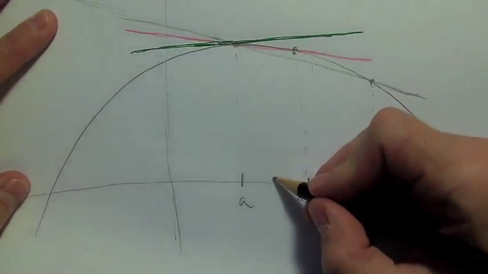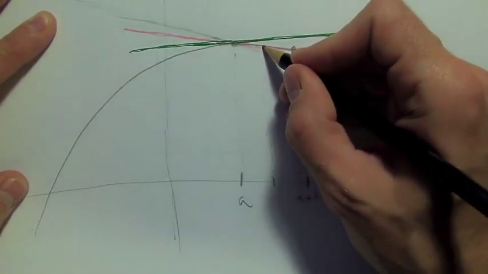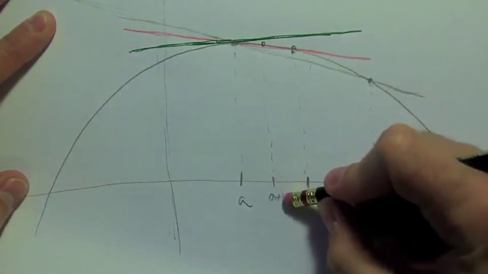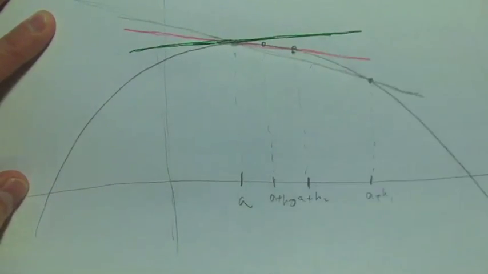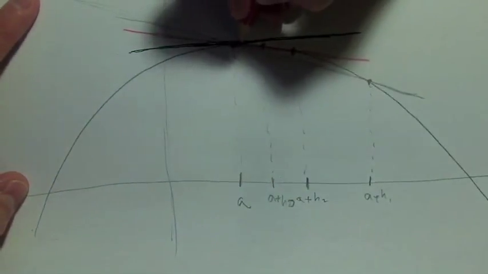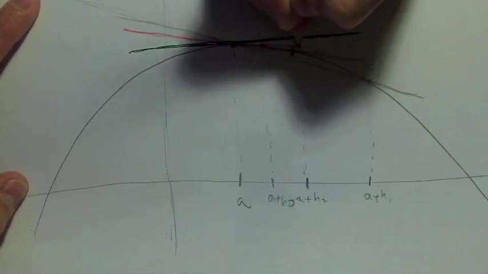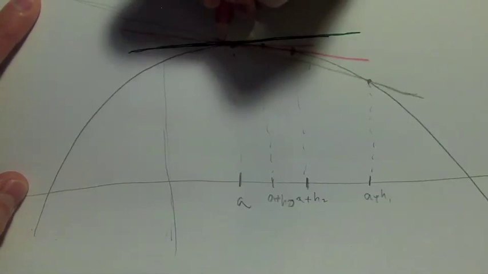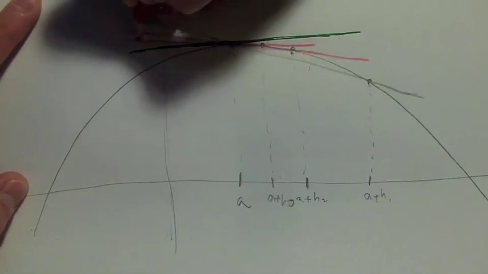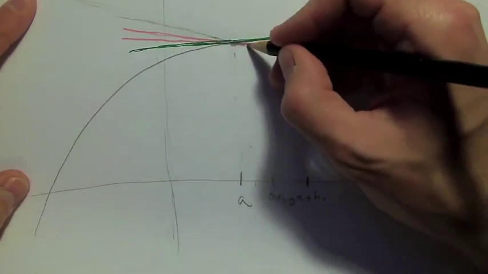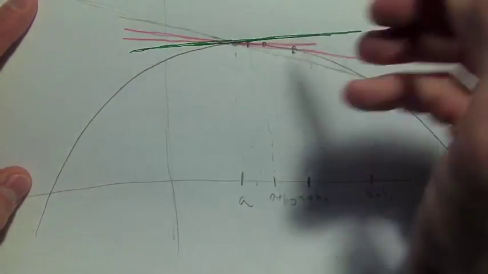Okay, and then let's cut the interval in half again to give me an a plus h3. Maybe I can do this line in red as well. Just going to clutter up my red a bit, but okay. And then we'll do it again, cut the interval in half, make another line.